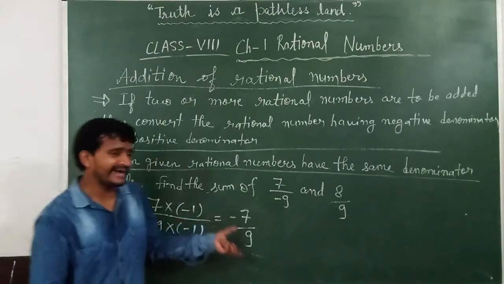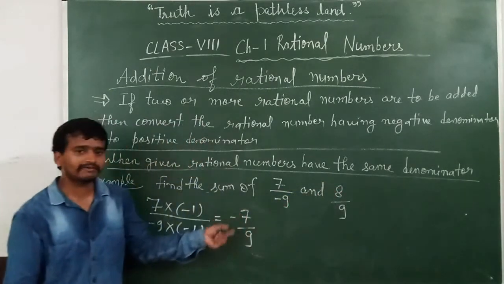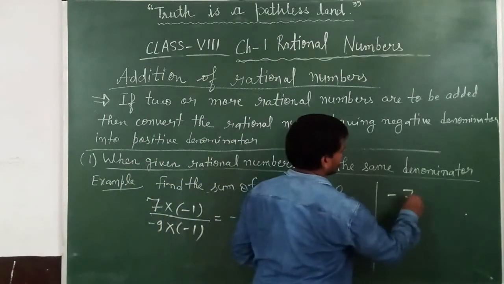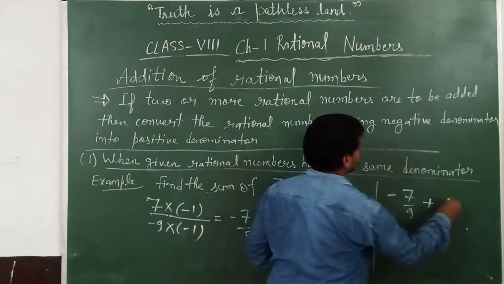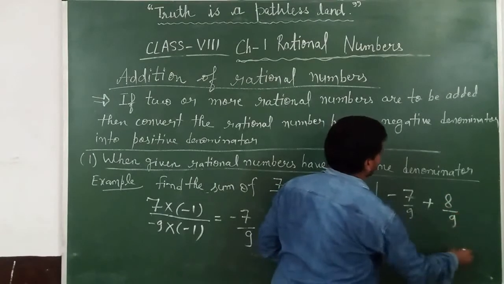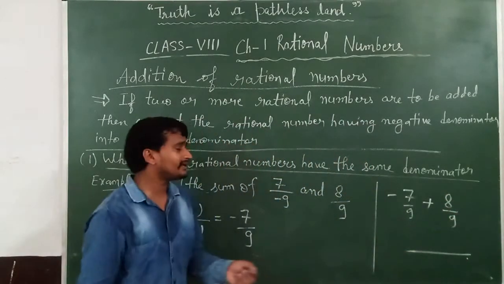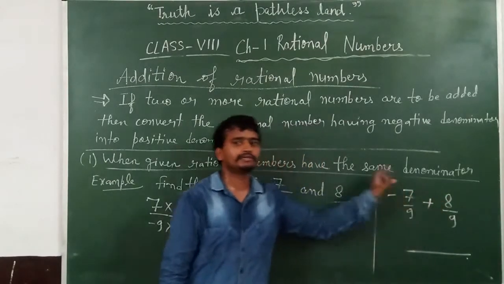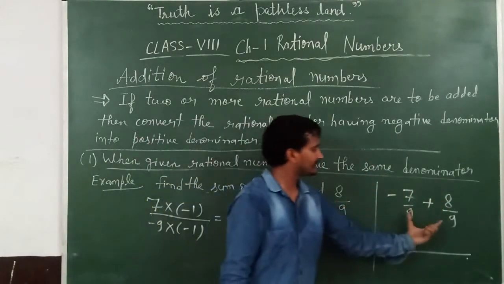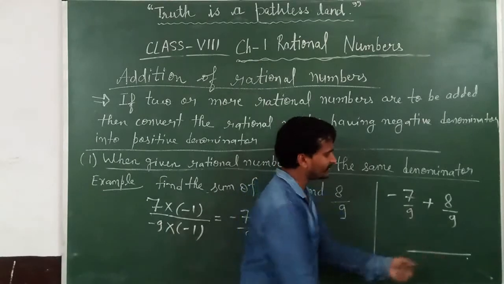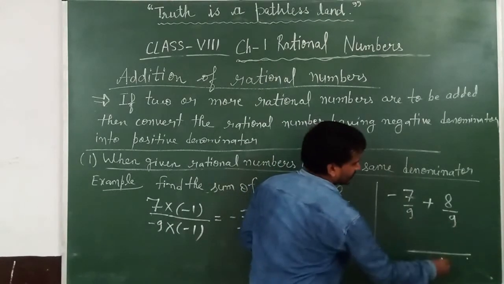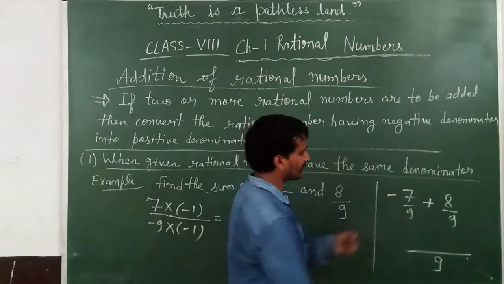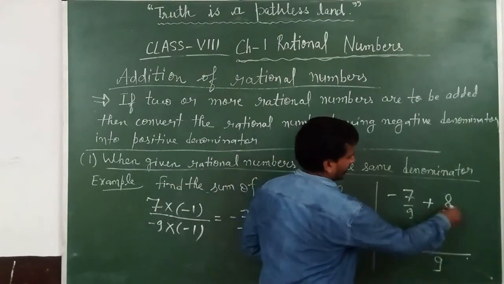Now we can add these two, minus 7 upon 9 plus 8 upon 9. When the denominators are same, then simply add their numerators keeping the denominator same. So write the common denominator 9, and here minus 7 plus 8.